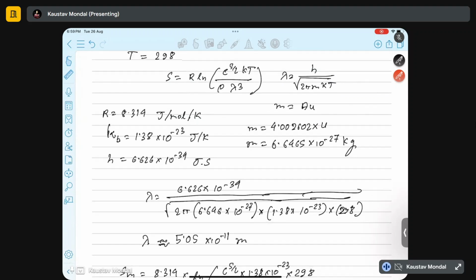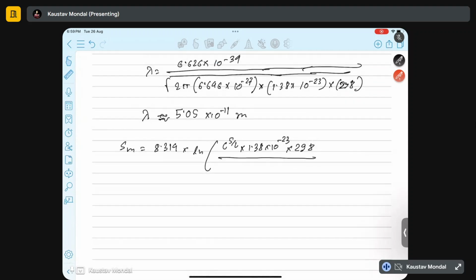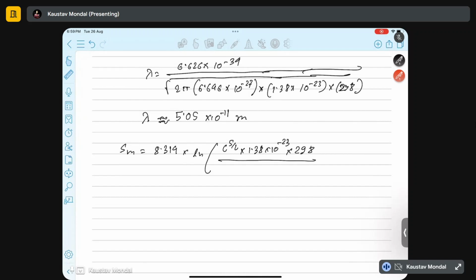What is this P? P is in Pascal, right? It's standard pressure, so P is 10 to the power 5 Pascal, and the thermal wavelength is 5.05 into 10 to the minus 11 whole to the power 3.